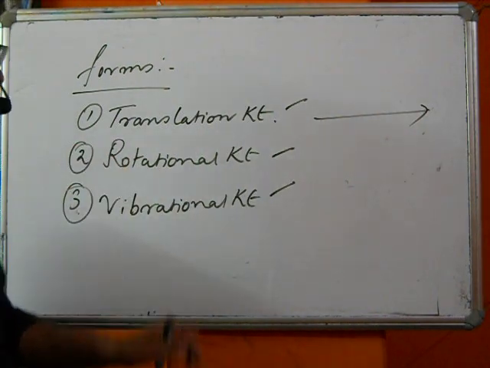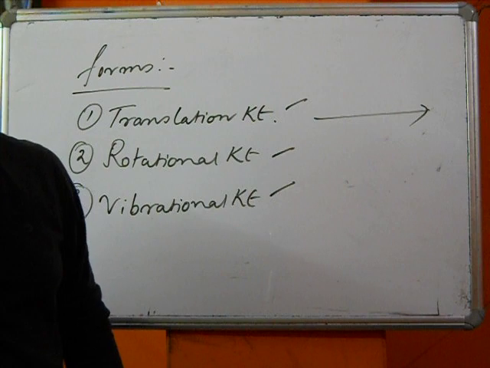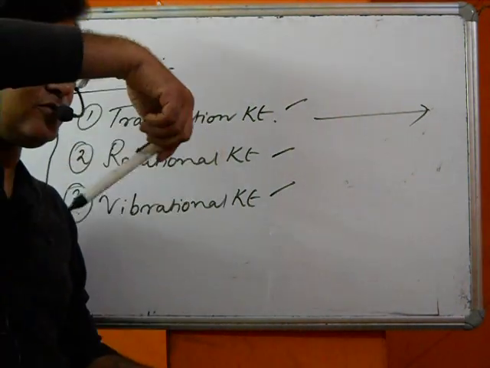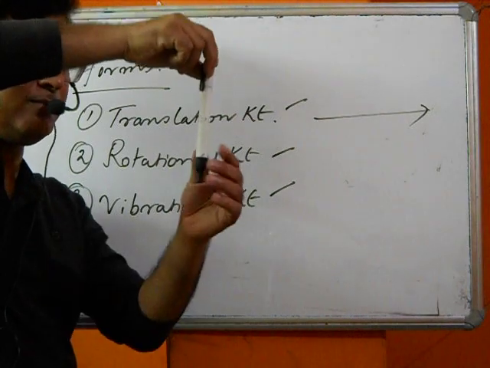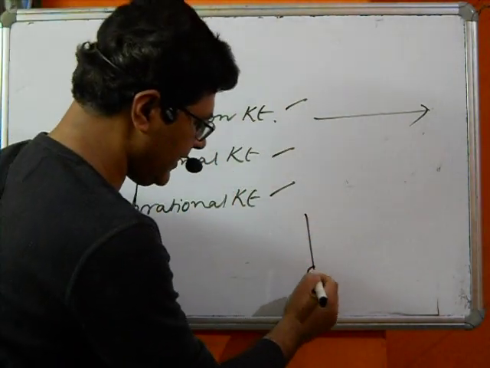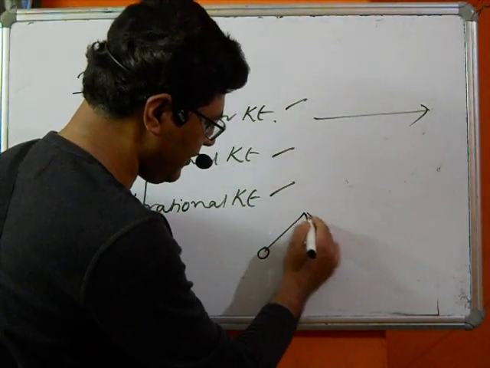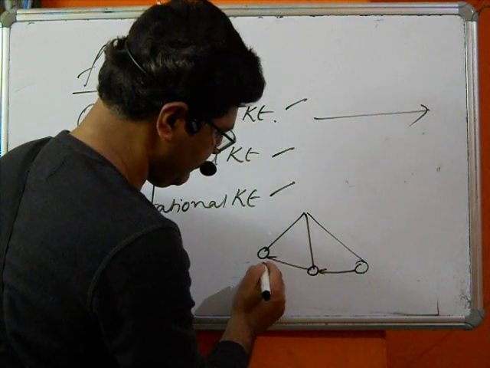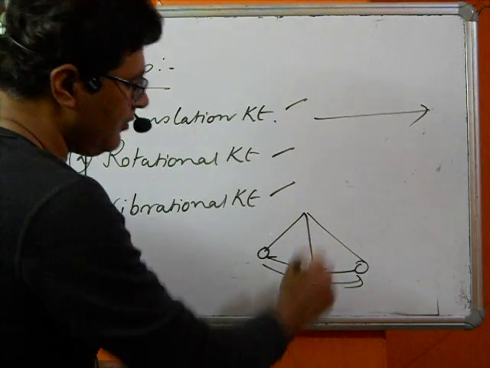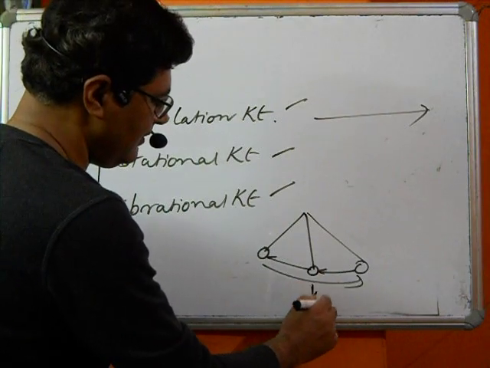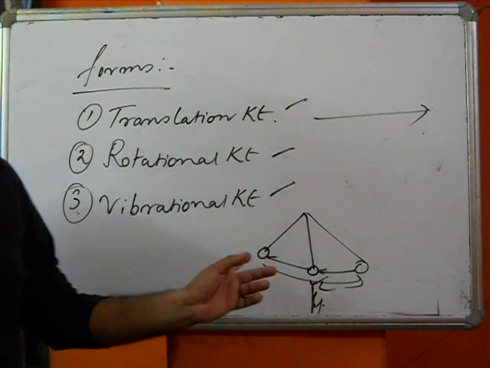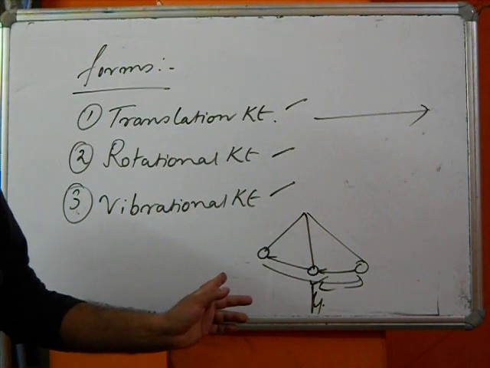Now vibrational kinetic energy. If an object moves to and fro about its mean position, like a pendulum, then we can say it has got vibrational kinetic energy.